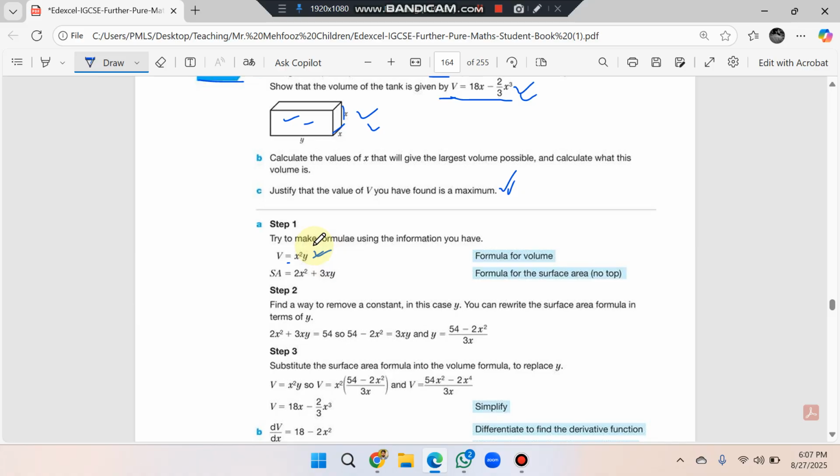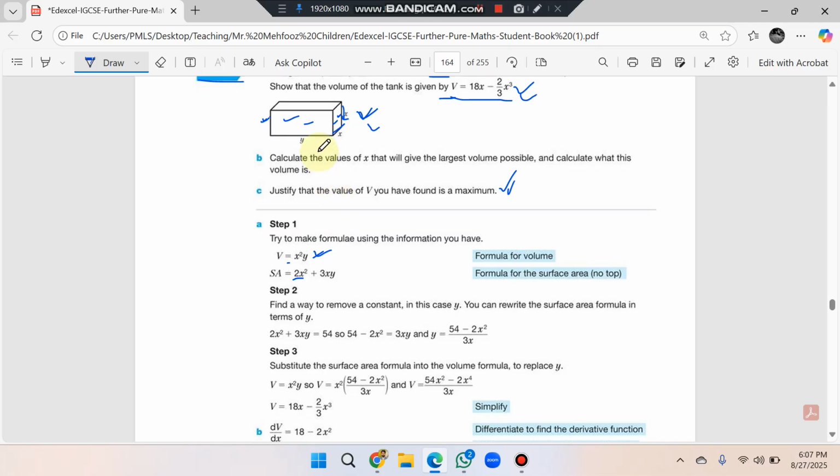Okay, after that, the surface area of this tank can be found by finding the surface area of this side and the surface area of this side. The area of this side is x squared, the area of this side is also x squared, because its length, its width and its height is x. So it means that the right side and the left side have the area 2x squared.